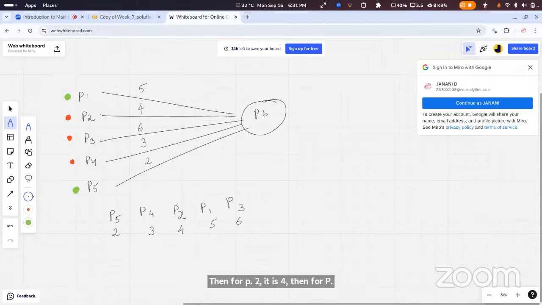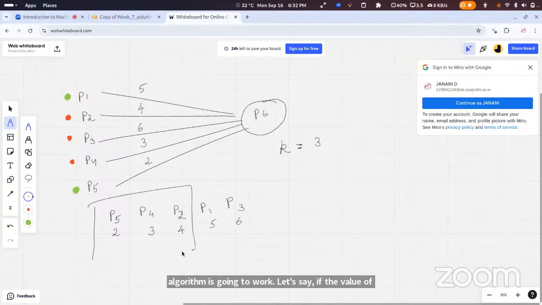So now, we have a parameter known as K, which specifies how this classification algorithm is going to work. Let's say the value of K is 3, then we'll consider the first 3 data points. By the way, let me put the colors also so that it will be easy to predict.